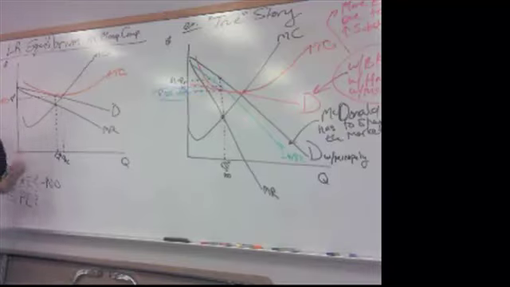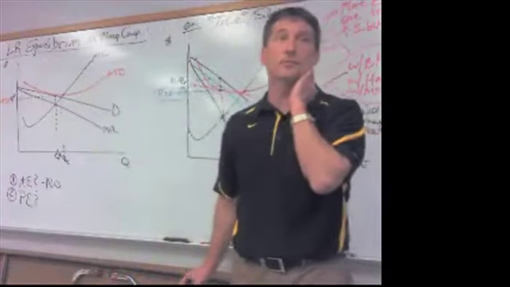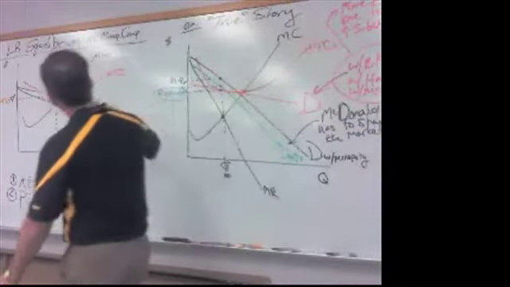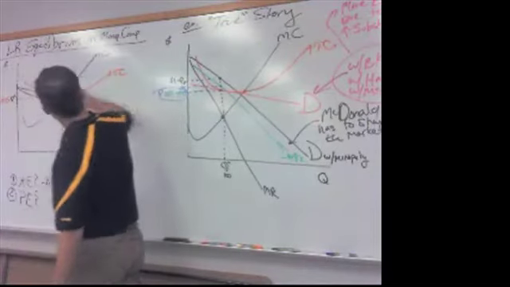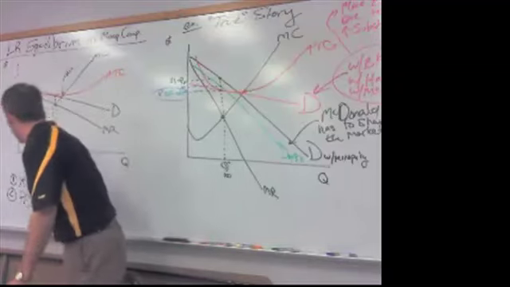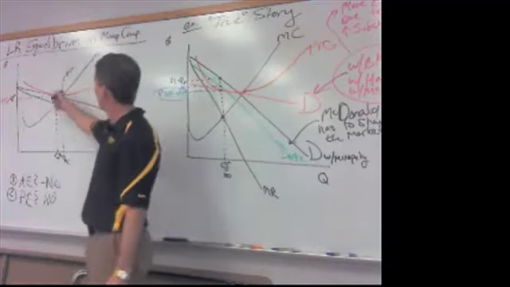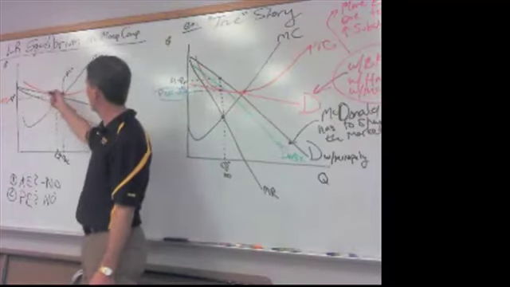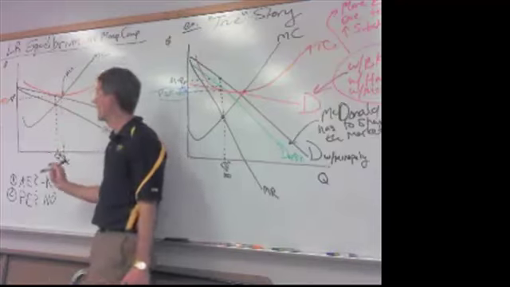Are we producing at the minimum of the average total cost? No. The minimum is right there. Is the minimum of the average total cost curve, and again, we're off to the left. So productive efficiency, no. The market's here, and allocative and productive efficiency are off to the right.